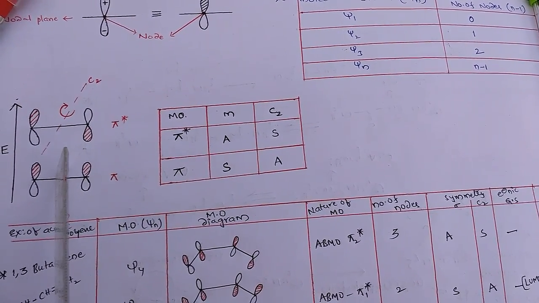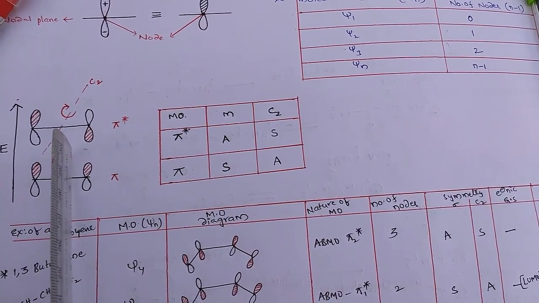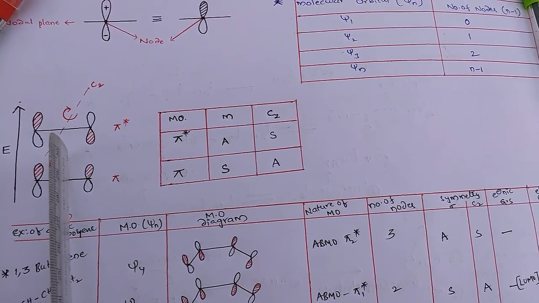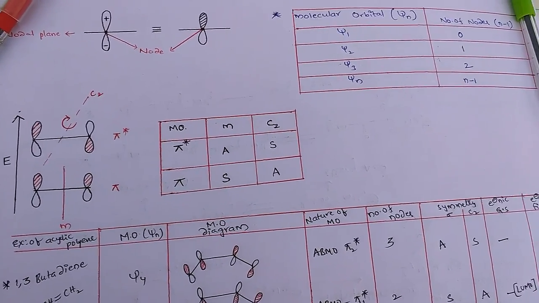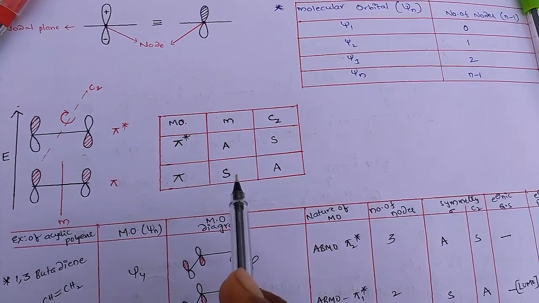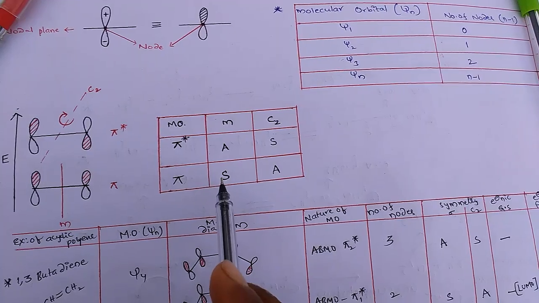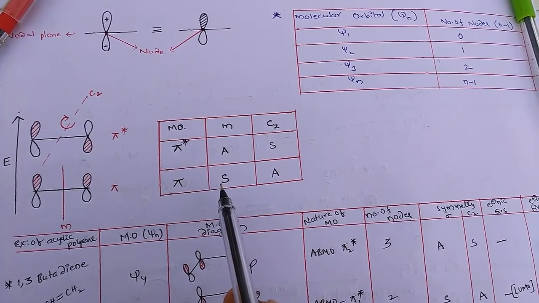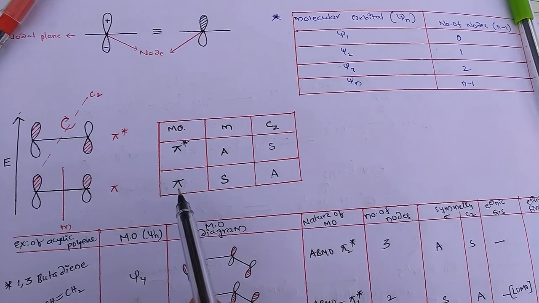Consider this is the plane of symmetry. A plane of symmetry is possible in the ground state pi energy system of these p orbitals. This is symmetry allowed, that's why symmetry S is present at the ground state of pi.